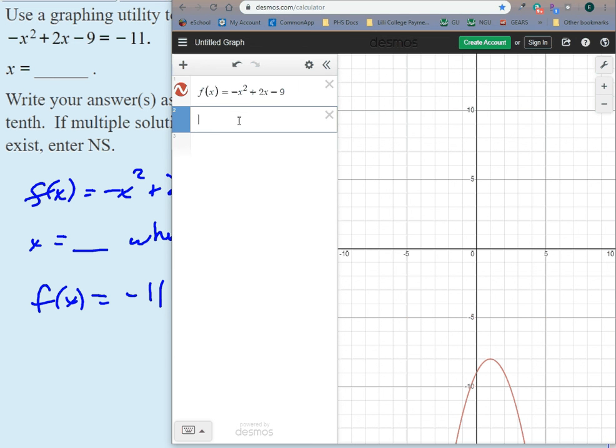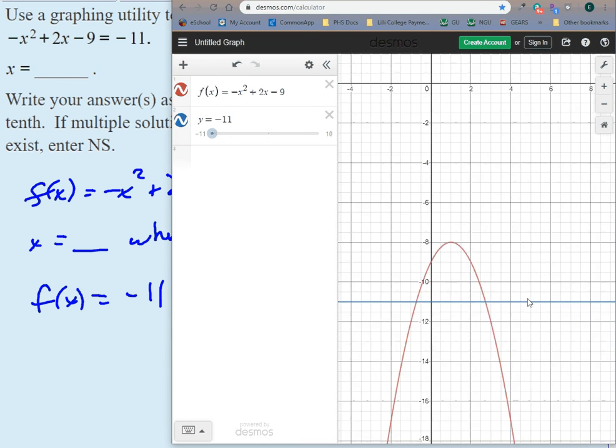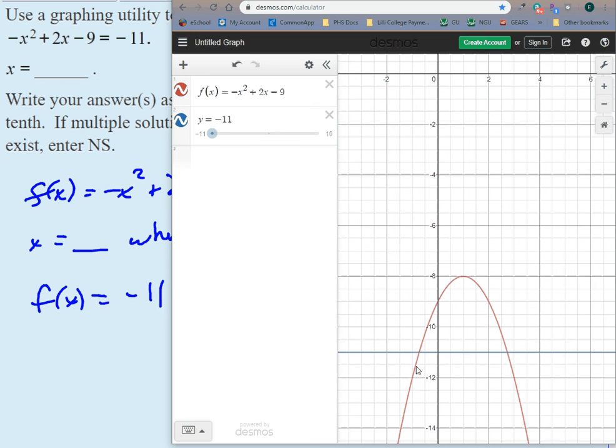Well, I'm just going to graph the line y equals -11 and look for the intersections. And there they are. I get an intersection there and an intersection there, right? So what are my x values if I round them to one place? -0.7 and 2.7. Everybody agree?